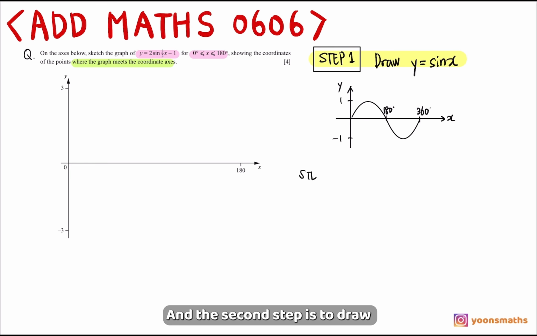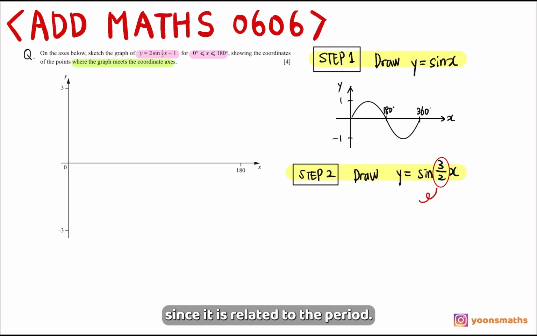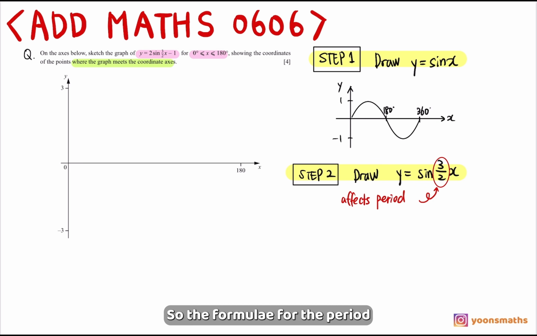And the second step is to draw y equals sine 3 over 2 x. Let me circle 3 over 2 here, since it is related to the period. So the formula for the period is 360 over b.